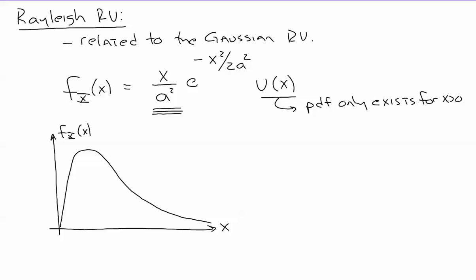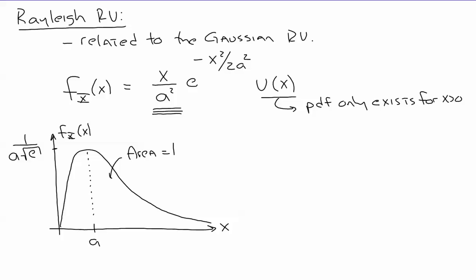It turns out that the peak is at point a, and the maximum value is, you can plug a into the PDF relationship, and you can see that the peak is 1 over a times the square root of e. As with all proper probability density functions, the area under my curve is exactly 1. It's unity.